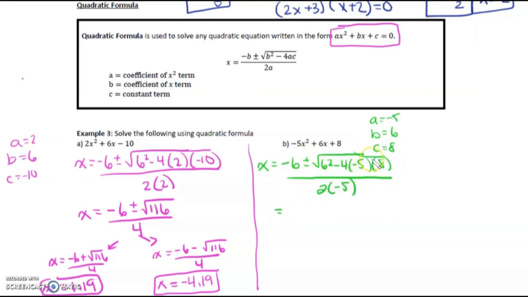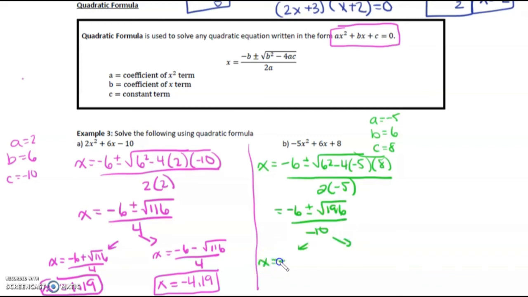Okay, again, put this entire expression under the brackets in your calculator. I get 196. So I get negative 6 plus minus root 196 over negative 10. Okay, and then we can branch these off.